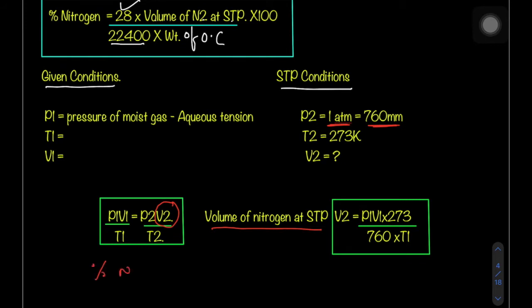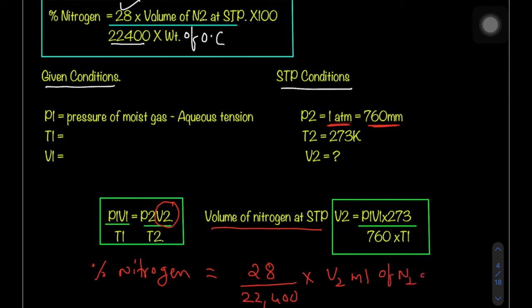So again we can write the direct formula. Percentage of nitrogen will be equal to 28 by 22,400 into V2 ml volume of dinitrogen at STP condition divided by the weight of organic compound multiplied by 100.